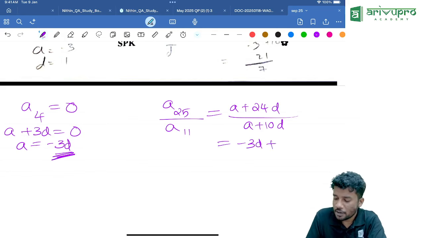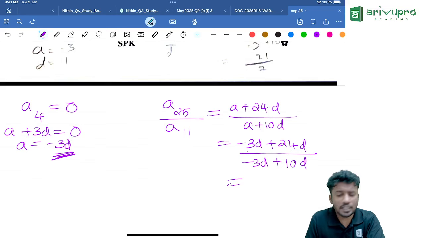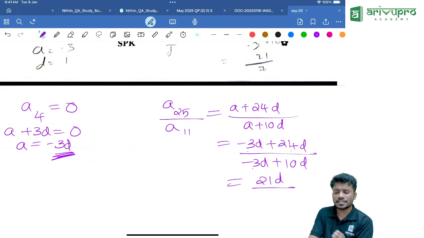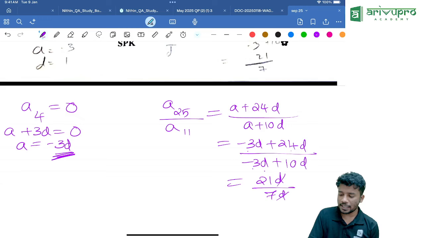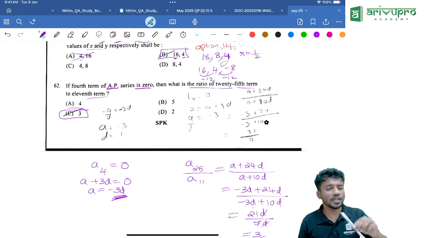Minus 3D plus 24D divided by minus 3D plus 10D. Minus 3D plus 24D is 21D, divided by minus 3D plus 10D, which is 7D. D cancels. 21 by 7 is 3. Option C is your answer.